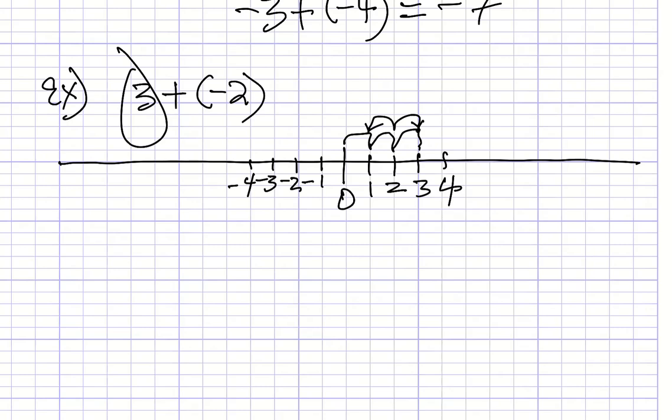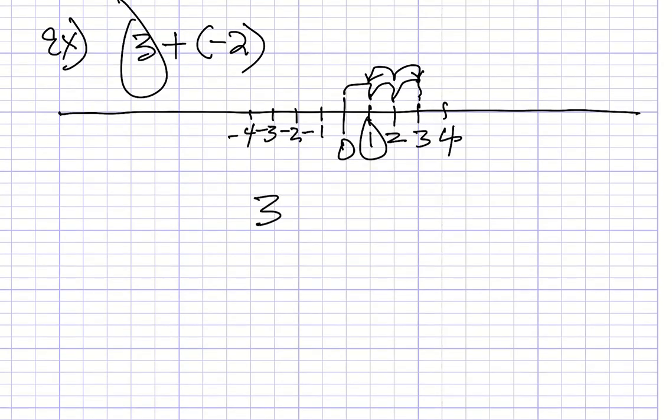You land on 1. So 3 plus -2 is the same thing as 1. That's how you use that. That will help you in a minute. Let me show you something in a minute.